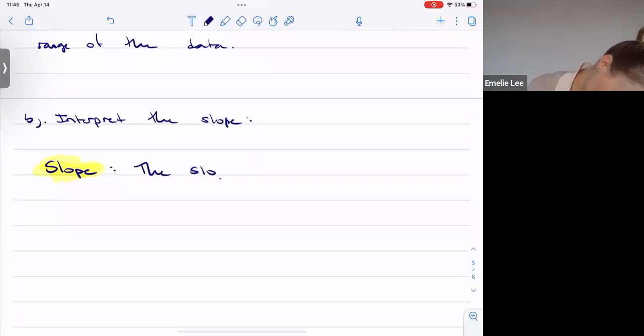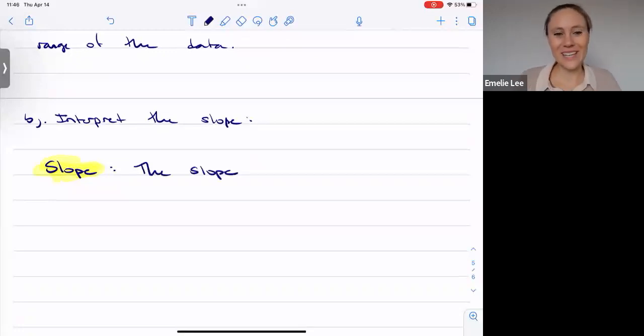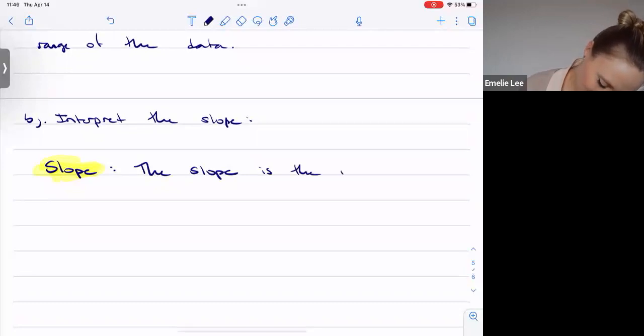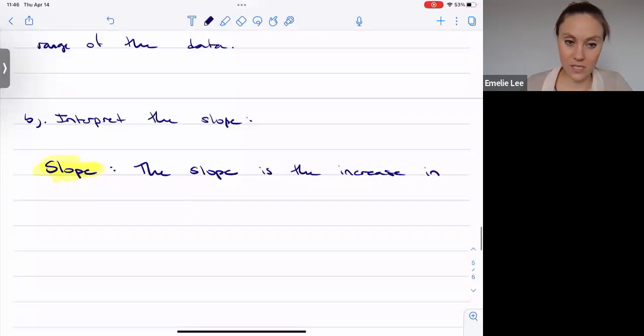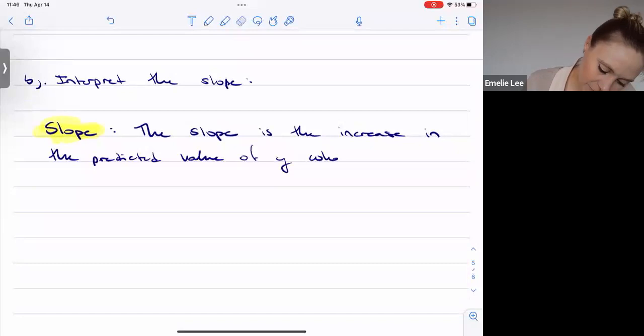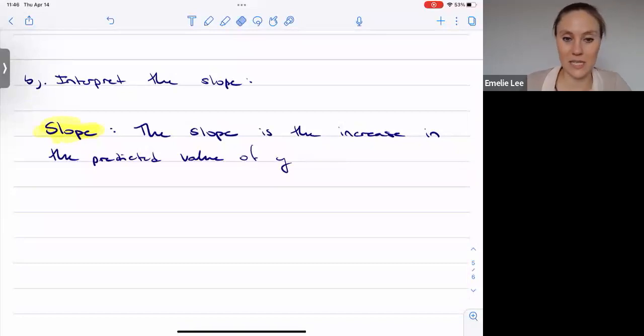The slope is the increase in the predicted value of y. I was so close. The slope is the increase in the predicted value of y for each unit increase in x.